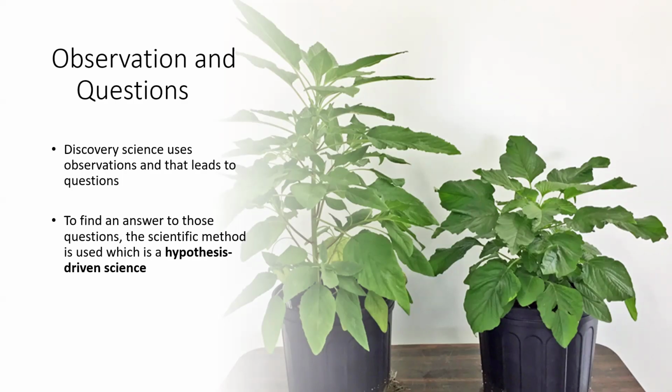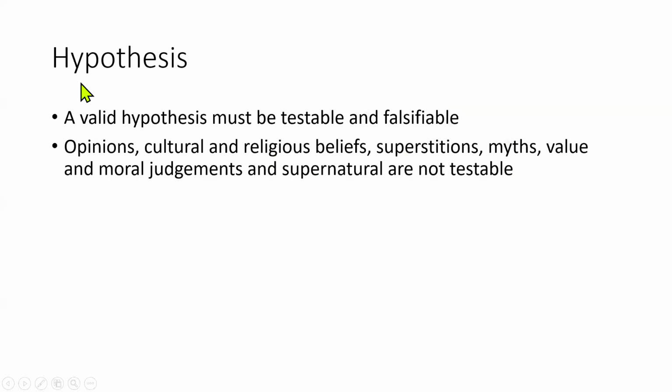If they're both growing in the same home, how come one grows taller than the other? After asking a question, what's the next step? You remember? Hypothesis. That's right. We have to try to answer our own question with our best knowledge, and that's our next step, hypothesis.